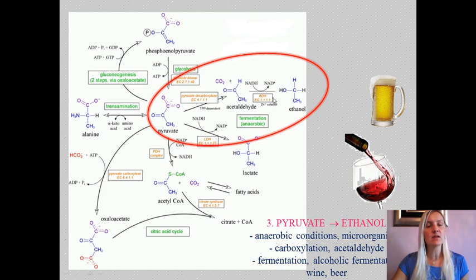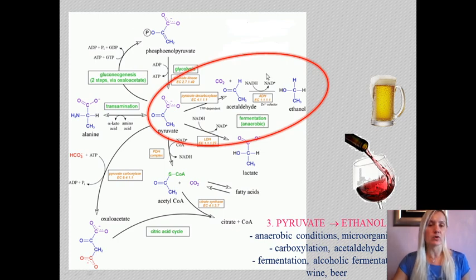Acetaldehyde can then be reduced by alcohol dehydrogenase to ethanol. This reaction, when taking place in microorganisms, is called alcoholic fermentation, widely used during the production of wine and beer.